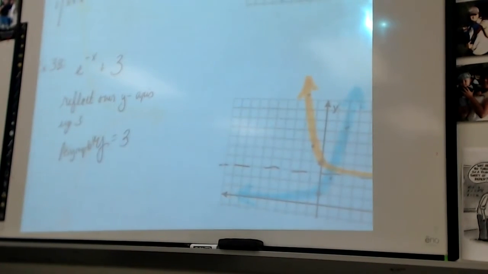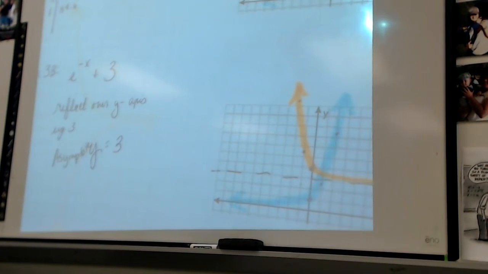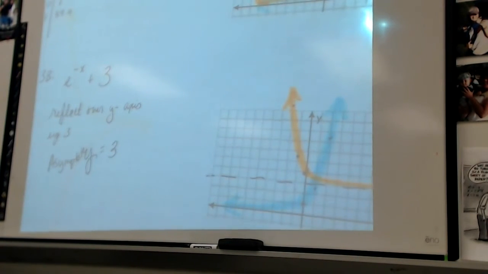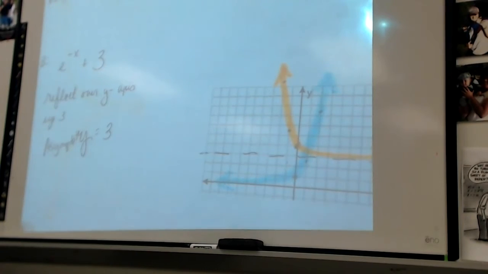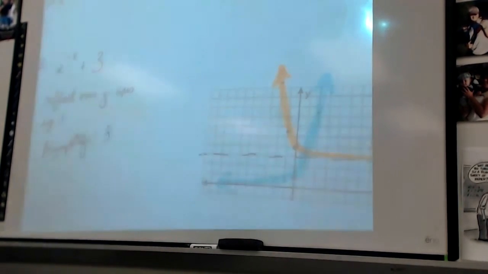So on this one, this is the first one we've had where our asymptote actually changed to y equals 3. That's kind of sad the way I wrote it, but oh well. I put y equals 3 first and then went back and added asymptote and didn't leave myself enough room.